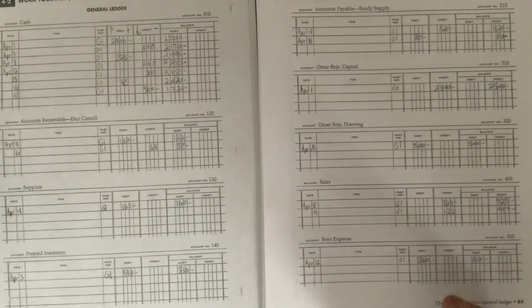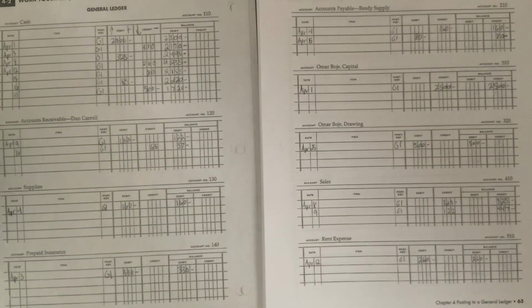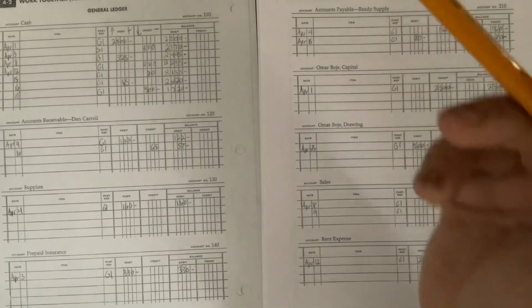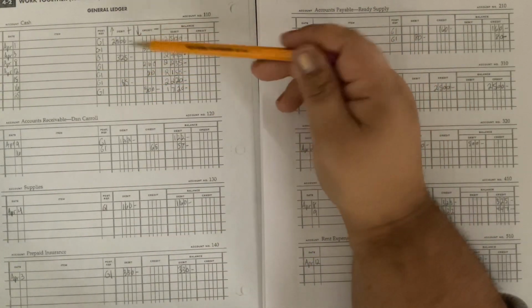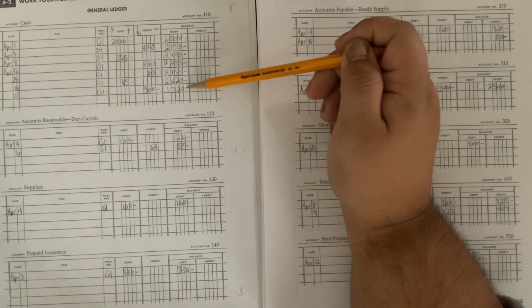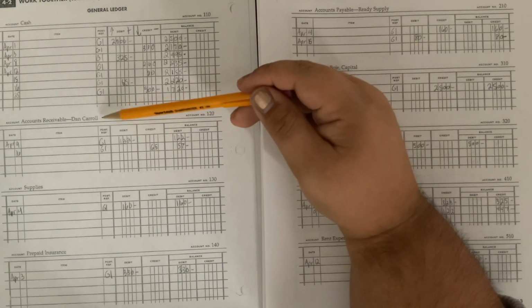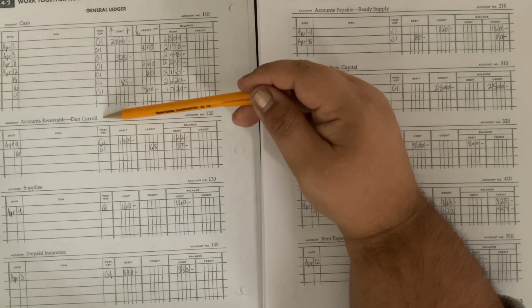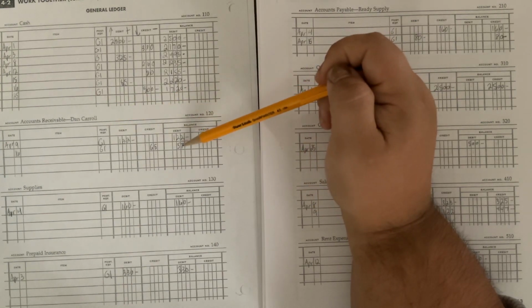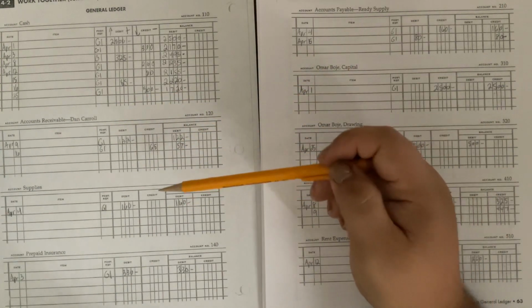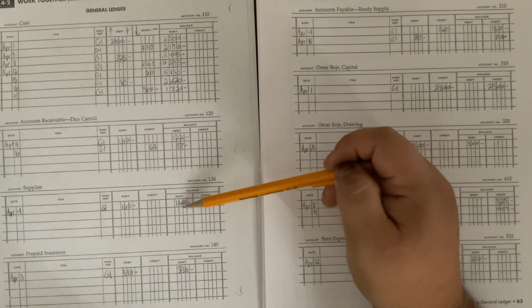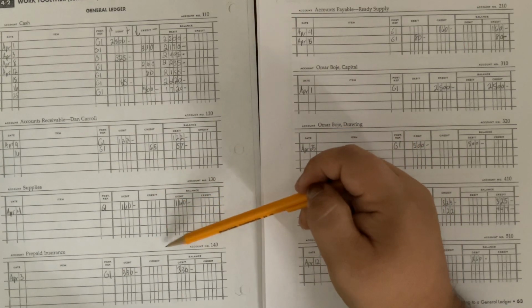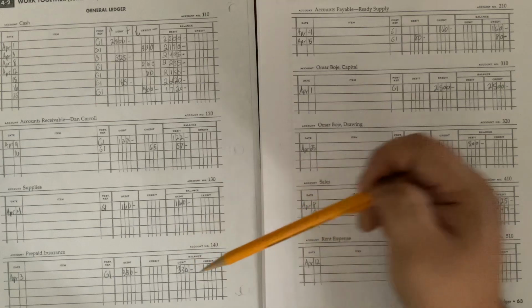Your balances should be as follows for your general ledger accounts. Cash should have a debit balance of $1,720. Your accounts receivable account for Dan Carroll should have a debit balance of $57. Supplies should have a debit balance of $160. Prepaid insurance should have a debit balance of $330.